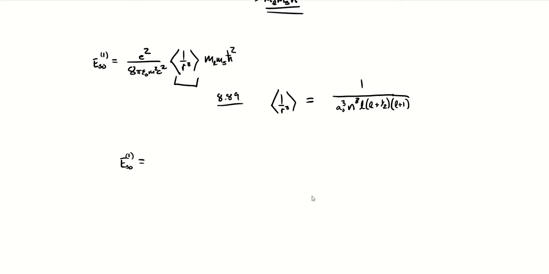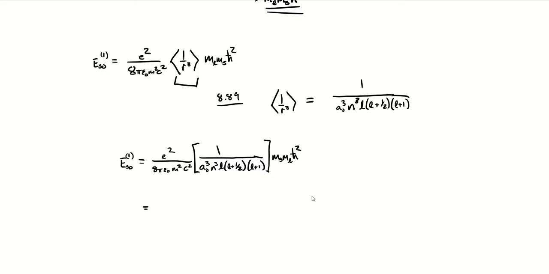It ends up being e squared over 8 pi epsilon naught m squared c squared times that term we just stated, n cubed L plus 1/2 times L plus 1, and all this times that ms ml h bar squared term.